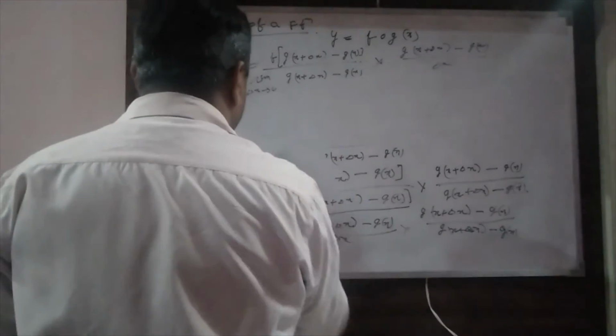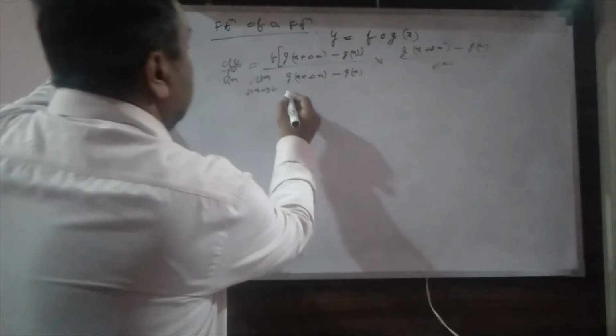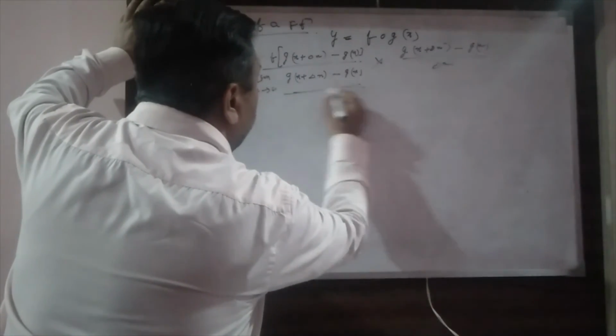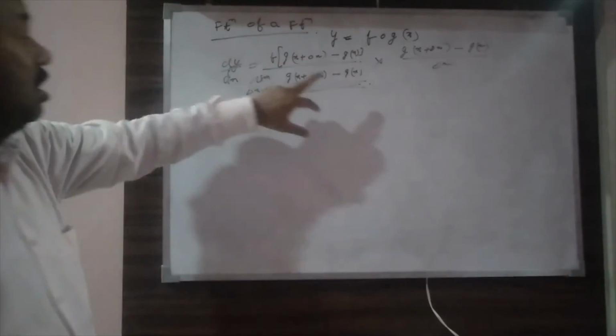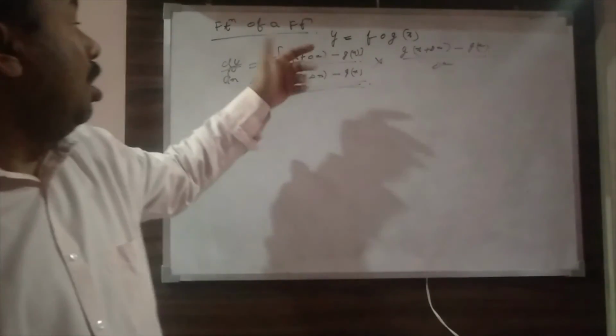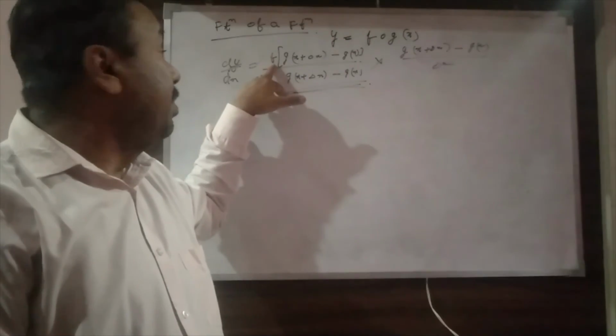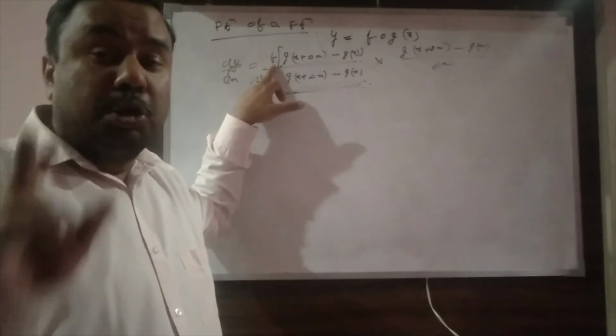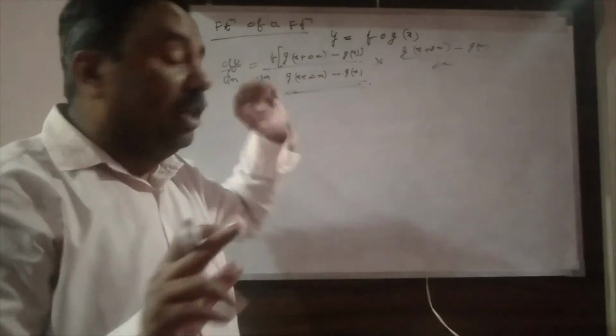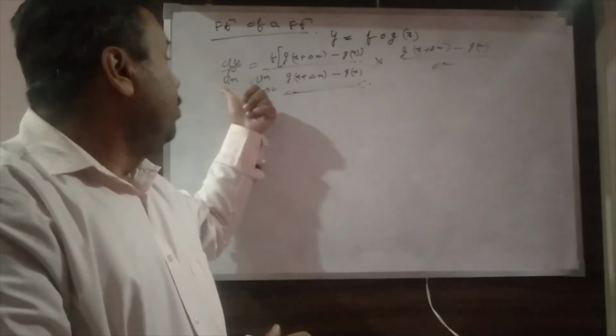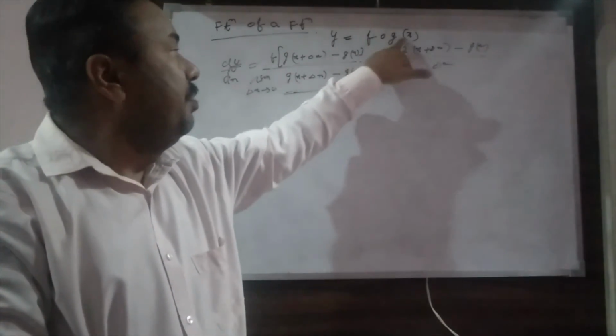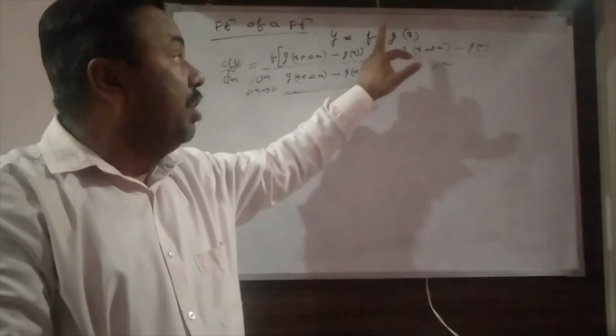Okay. Now what I see is this part, particularly this part. This is what? Differentiation of the function f with respect to gx. Y was what? Y was a function of gx, a function of a function.